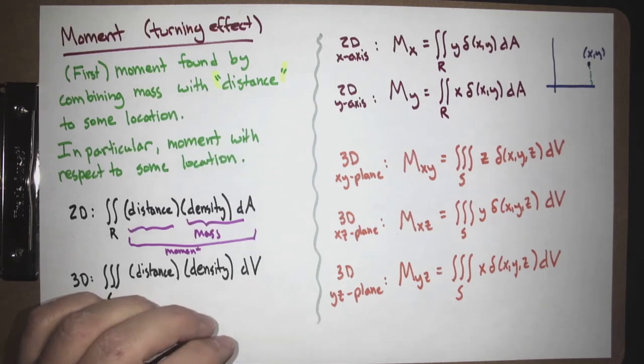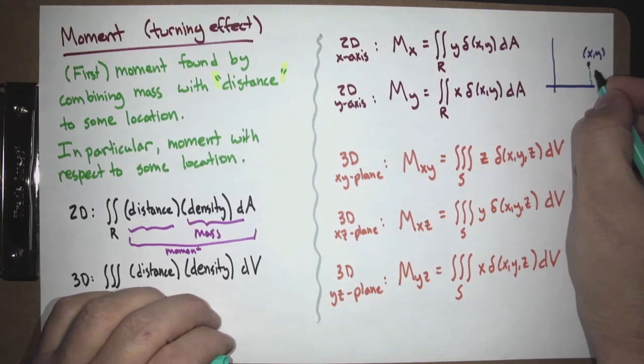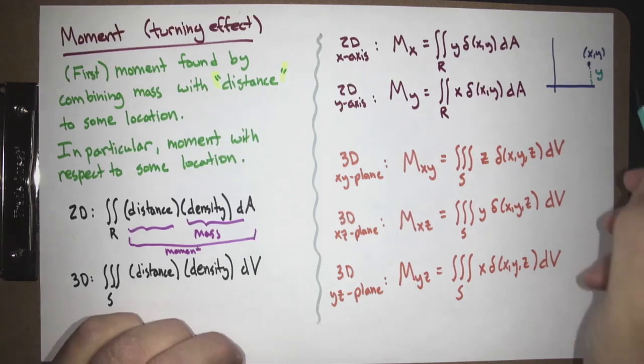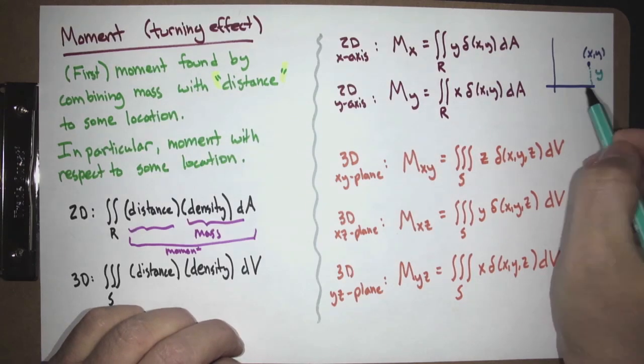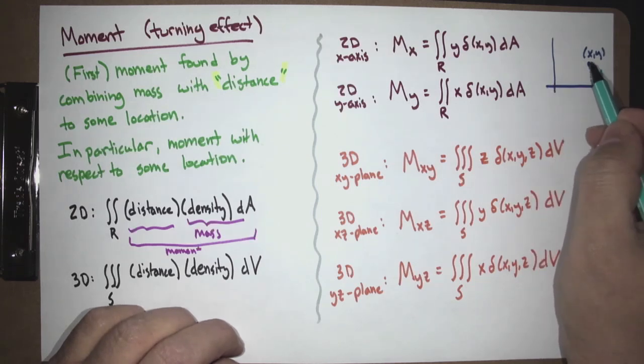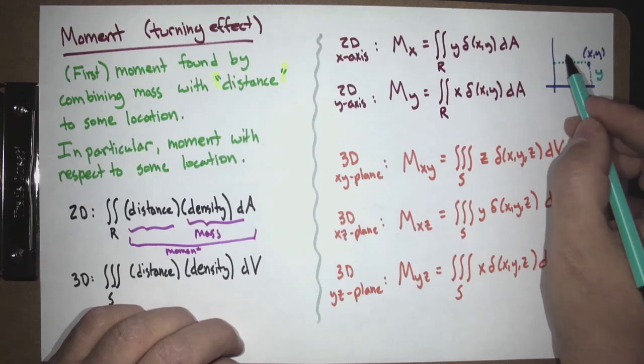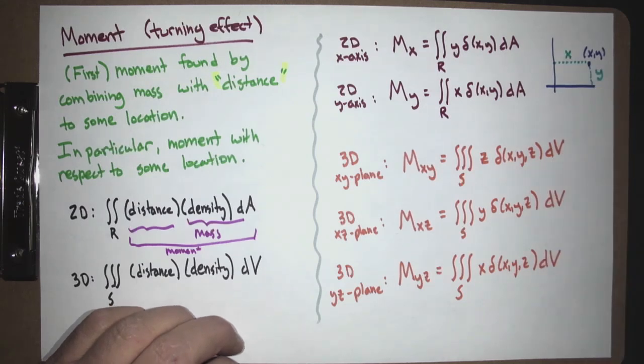I can't believe I made that mistake again. So you can think of y as measuring not how far along the x-axis you move, but how far away from the x-axis you move. In a similar way, when I want to find my distance to the y-axis, it's that x.